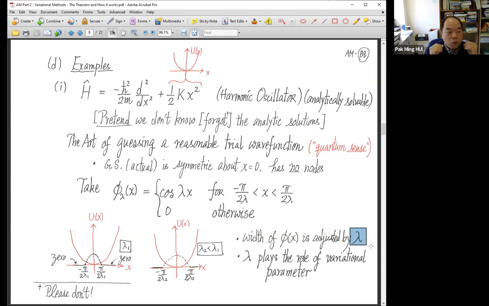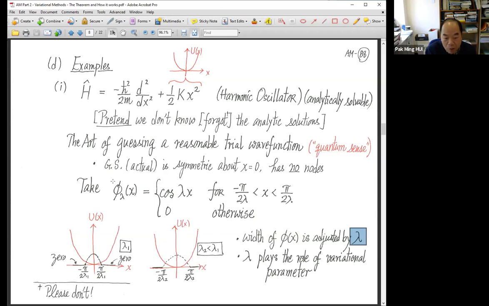Okay, that is what I meant by trying infinite number of trial wave functions of a certain form. This example, a cosine form, but I am trying different widths. Narrower, wider, everything in between. Okay? So let's carry out.